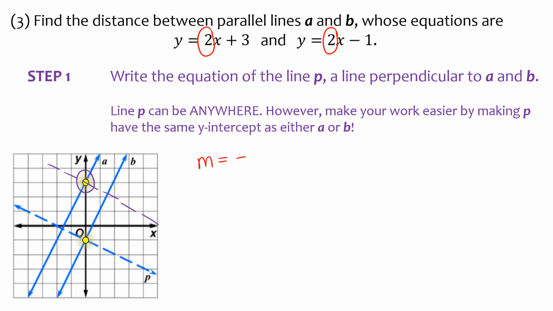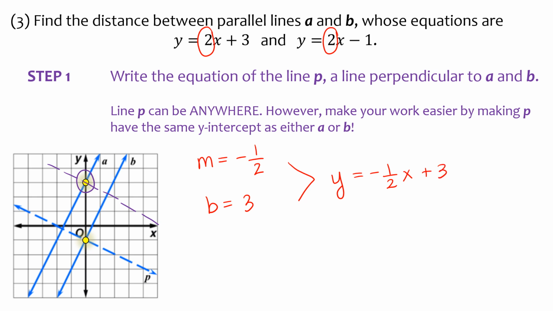So negative 1/2 is my slope here. Now, I also don't really have to do any work to figure out the y-intercept, our b value here, because we're literally picking it so that it goes through line A right at the y-intercept. They share the y-intercept. So 3 is what I'm going to be using for my y-intercept. So that makes my equation y equals negative 1/2 x plus 3.